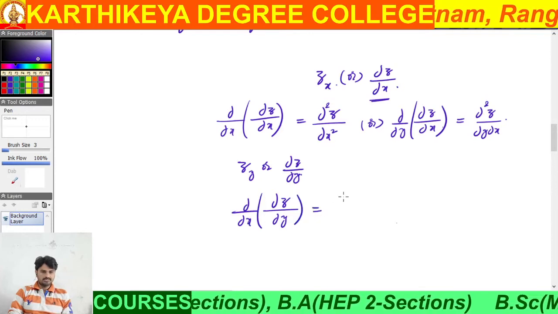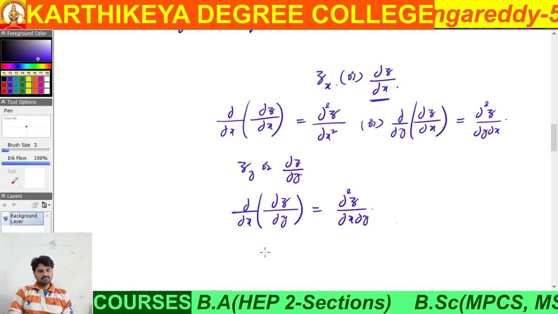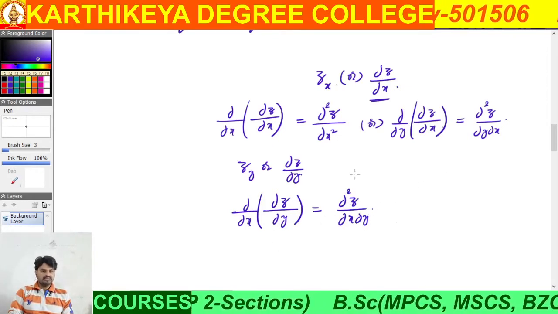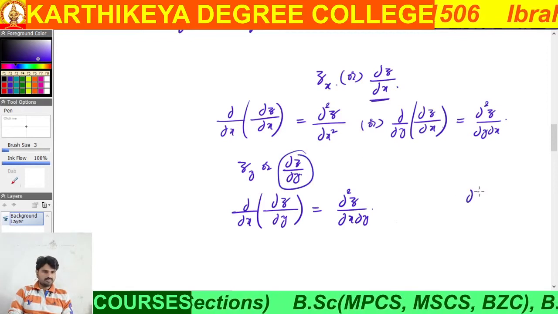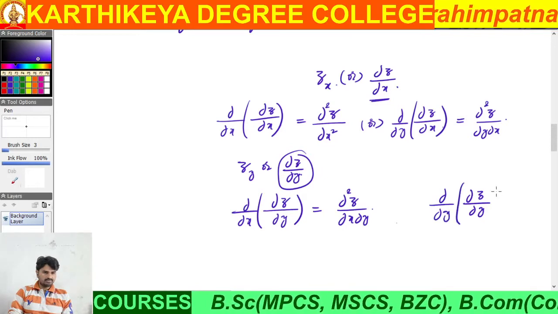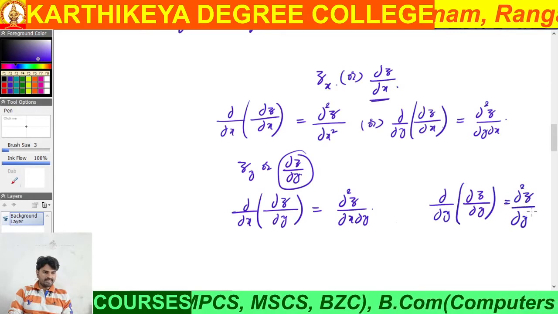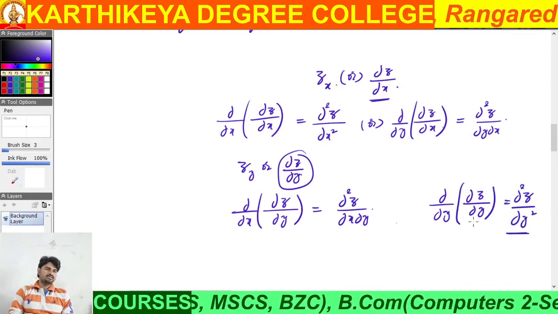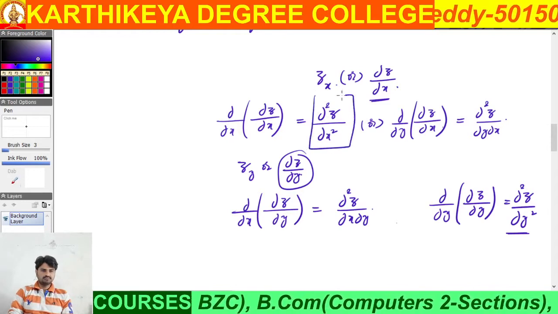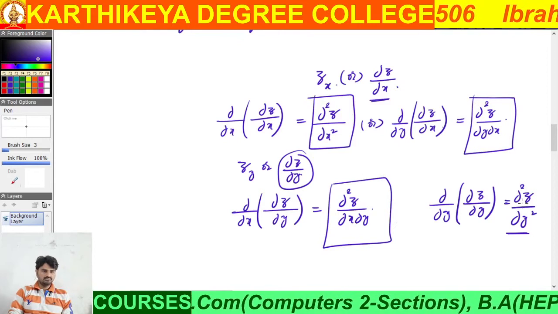So this may also be written as dou square z by dou x dou y. Otherwise, if you want to again differentiate the function dou z by dou y with respect to y here, you get dou square z by dou y square. Okay, so these four things, what are the four things here? This one and this one, this one and this one.